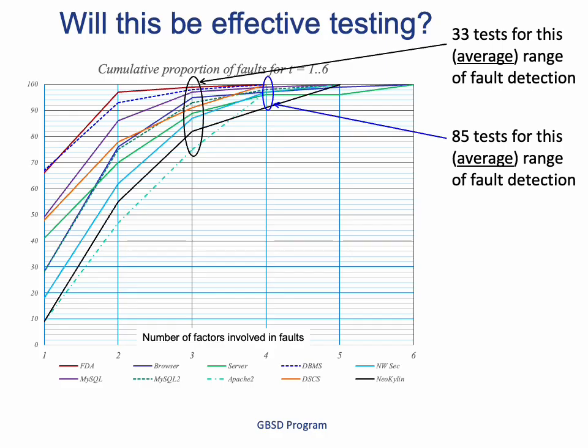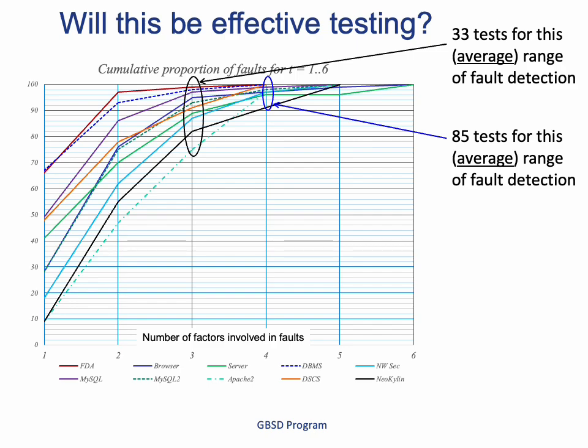Again, this is only an average, and we cannot be certain that we will cover something within that range, but another important point of this distribution is that the percentage of failures caused by T-way combinations gets tighter and tighter as we increase the interaction strength.